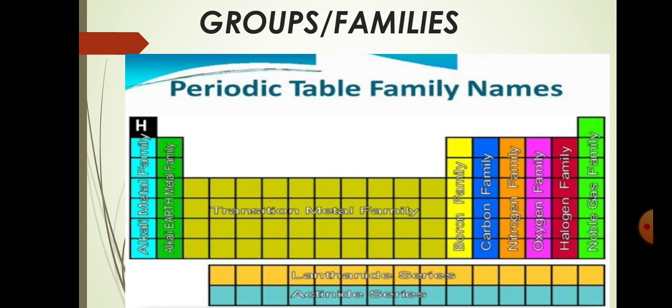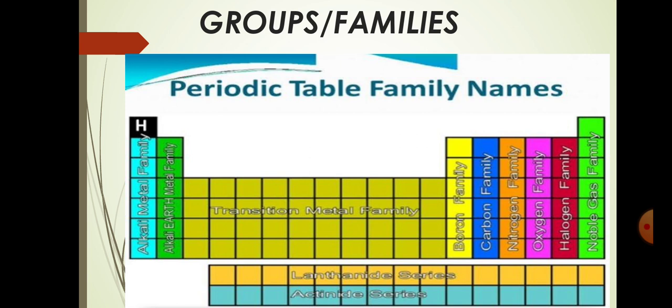The first group is the alkali metals, the second is the alkaline earth metals, and in the middle portion are the transition metals, which is group B. In group A we have the boron family, carbon family, nitrogen family, oxygen family, halogen family, and the noble gases. We discuss these families one by one.